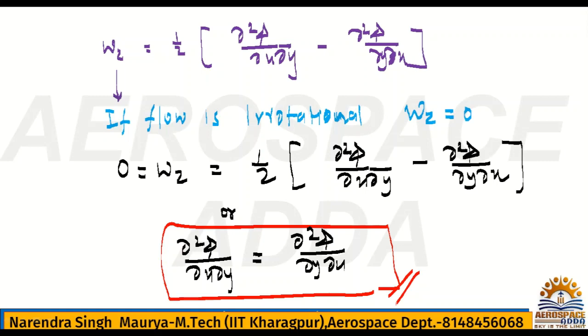What is the conclusion point? When you have assumed the flow is irrotational, then you got this result.